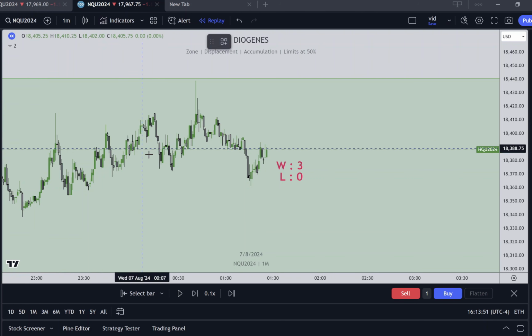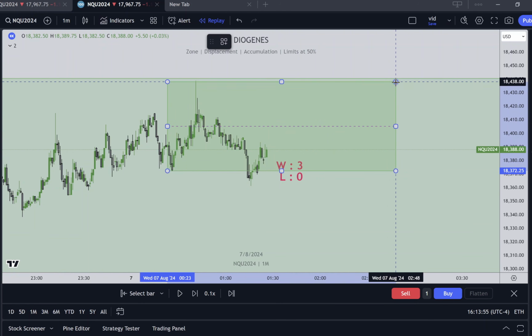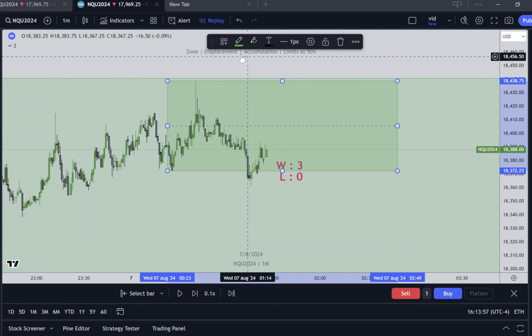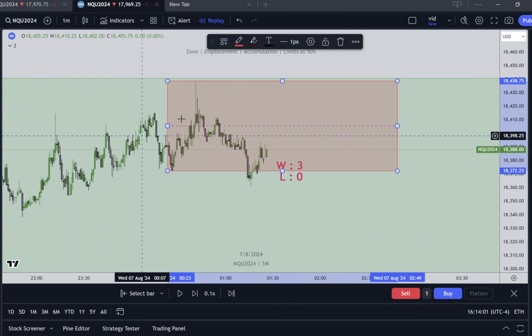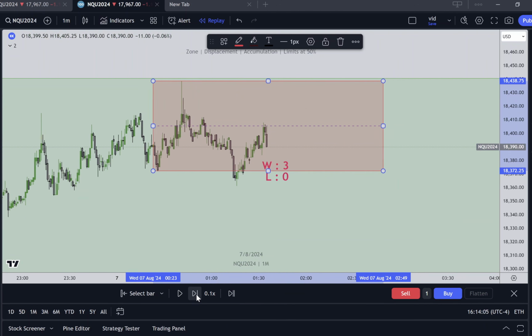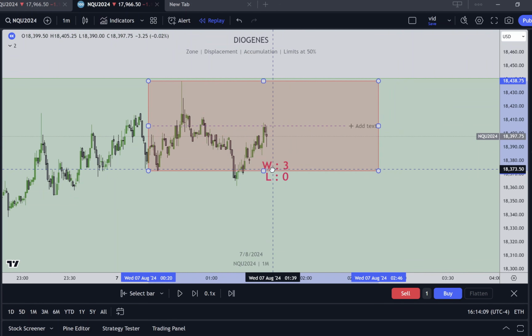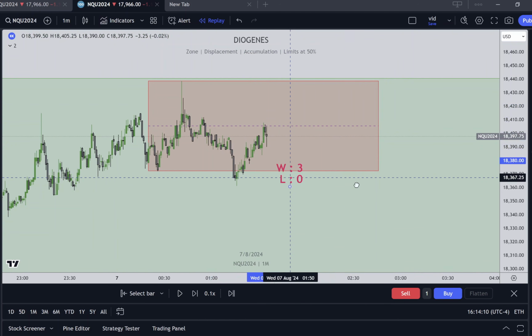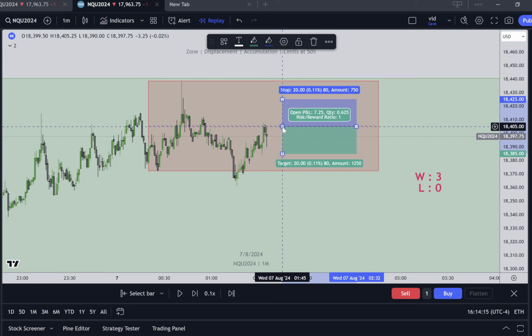So we created this. We created this bearish zone. See if price gives us. So we're in. We're in this short.